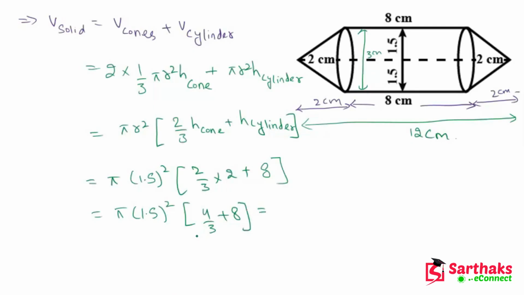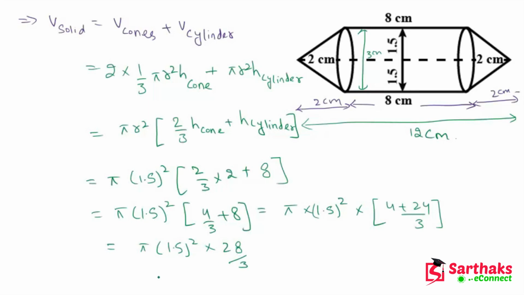I hope you get this point. Now if we solve this, we get 1.5 square into 4 plus 24 upon 3, taking LCM as 3. So pi into 1.5 square into 28 upon 3.